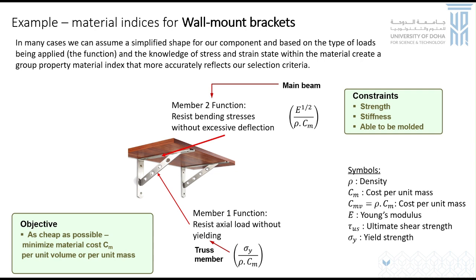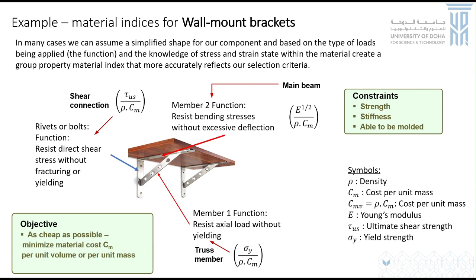Now you can also look into the rivets or bolts design, and the bolt's design function will be to resist direct shear without fracturing or yielding. So now again your material index will change, and this time the material index should be expressed in terms of shear strength of the bolt, not the tensile yield strength of the bolt, right?